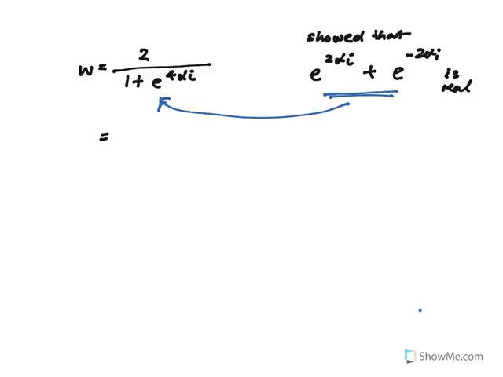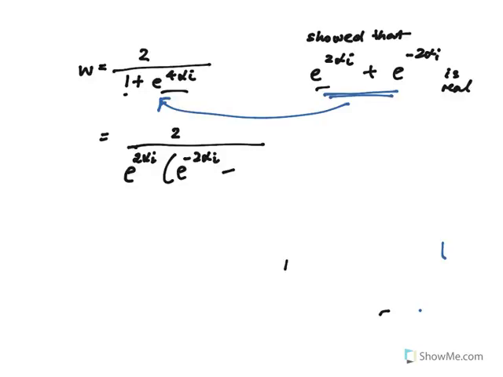I need to factorize my denominator into this form. I pull out e to the power of 2 alpha i, and within it, 1 is the same as e to the power of 2 alpha i multiplied by e to the power of negative 2 alpha i. If I pull out e to the power of 2 alpha i, I'm left with e to the power of negative 2 alpha i plus e to the power of 2 alpha i. This is how I convert the denominator by using part 1.